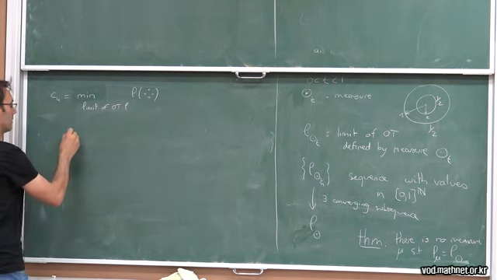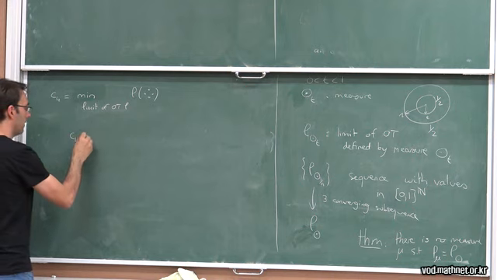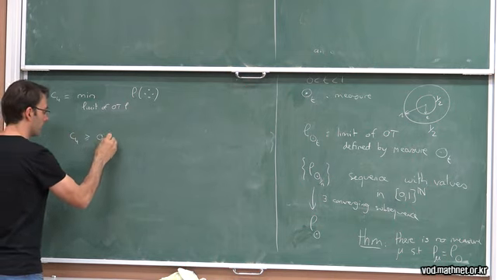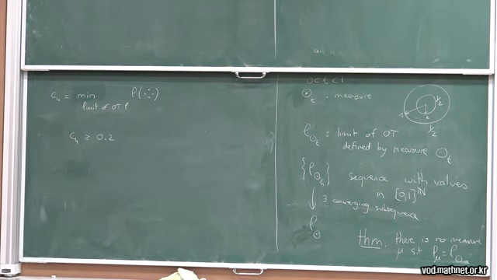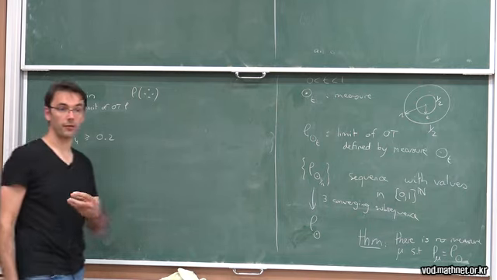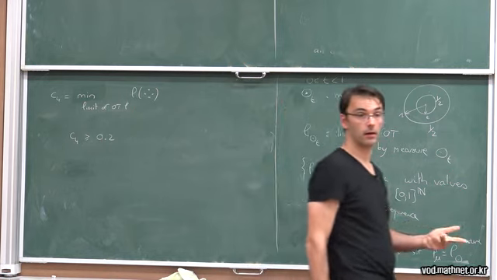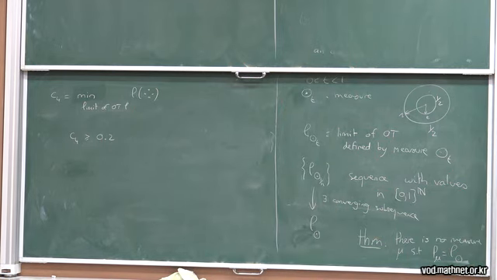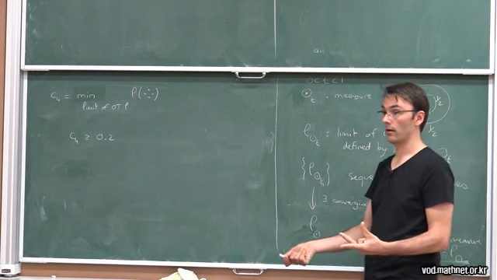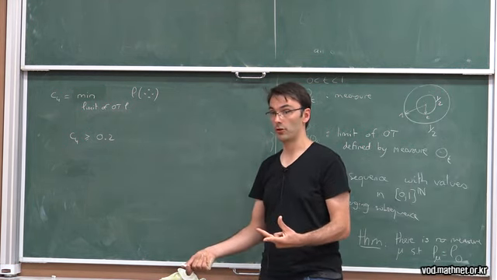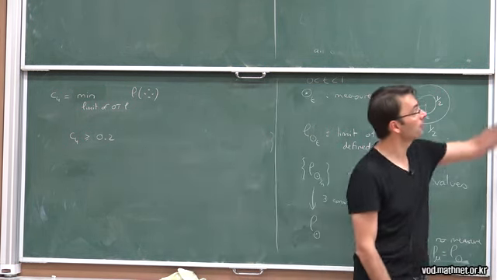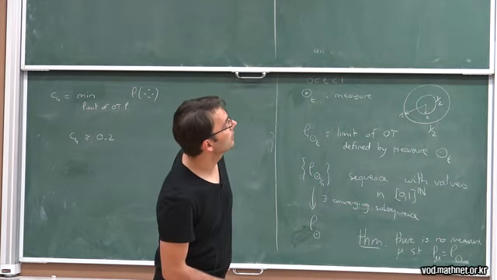I claim that C4 is at least 0.2. Why is that? I can simply look at all order types of size 5. There are 3 of them. In each of these order types, I have at least one-fifth of the quadruples in convex position. So I can just apply the formula star, which I deleted.